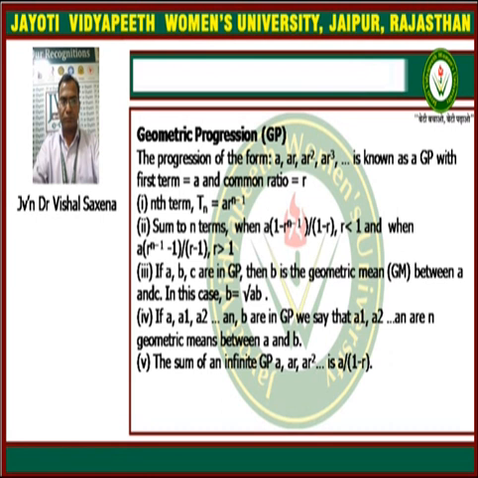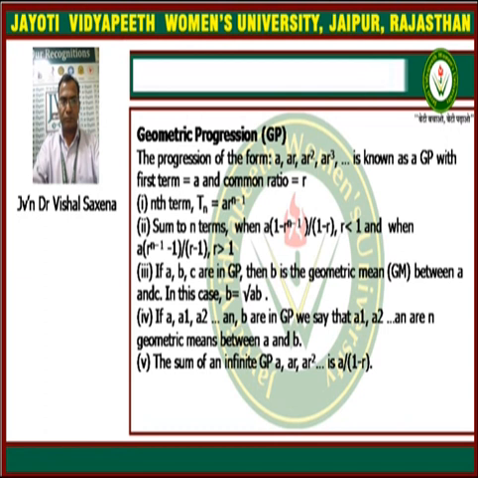This formula is applicable when r is greater than 1. So there are two formulas to find the sum of n terms: one for r less than 1 and one for r greater than 1.